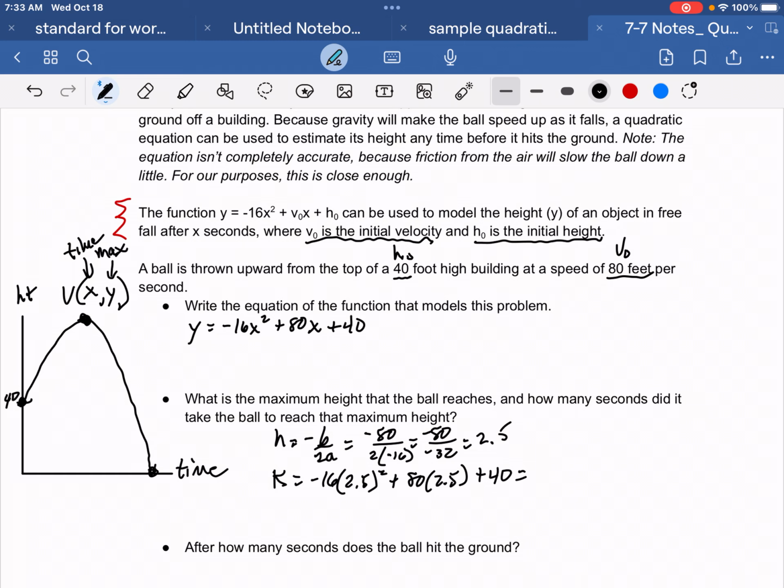Negative 16 times 2.5 quantity squared plus 80 times 2.5 plus 40 comes out of my calculator as 140. So this vertex is 2.5 comma 140.